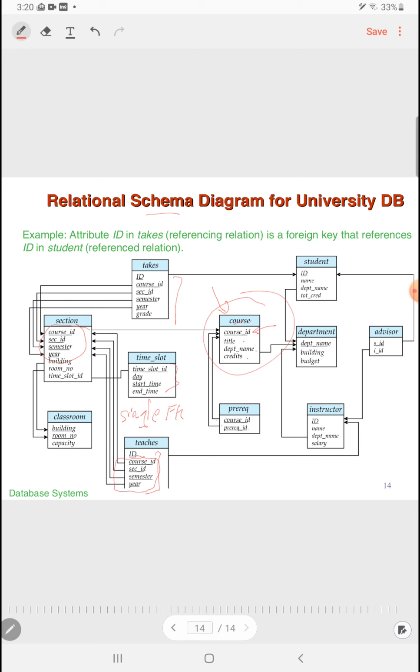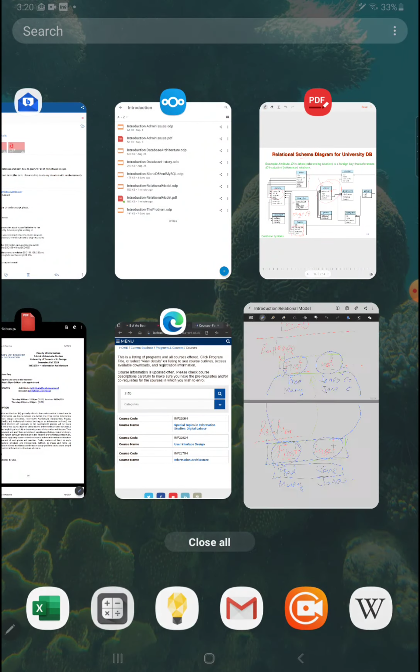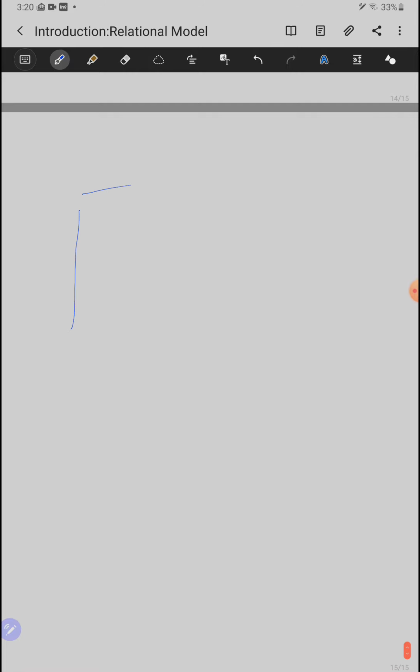This diagram form that's given in the textbook is poor for this reason. There is a better way of illustrating multi-attribute foreign keys, and I would like you to use it in this course. Let's say we have three attributes A, B, C that are collectively going to reference D, E, and F over here.